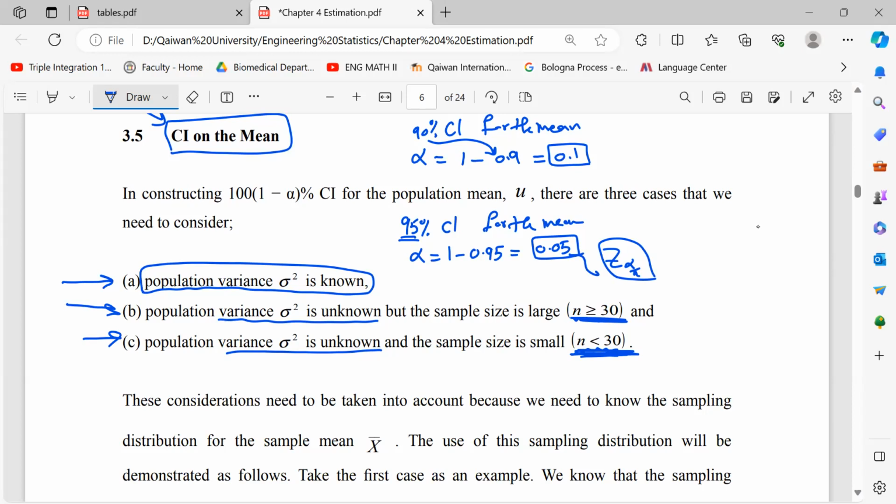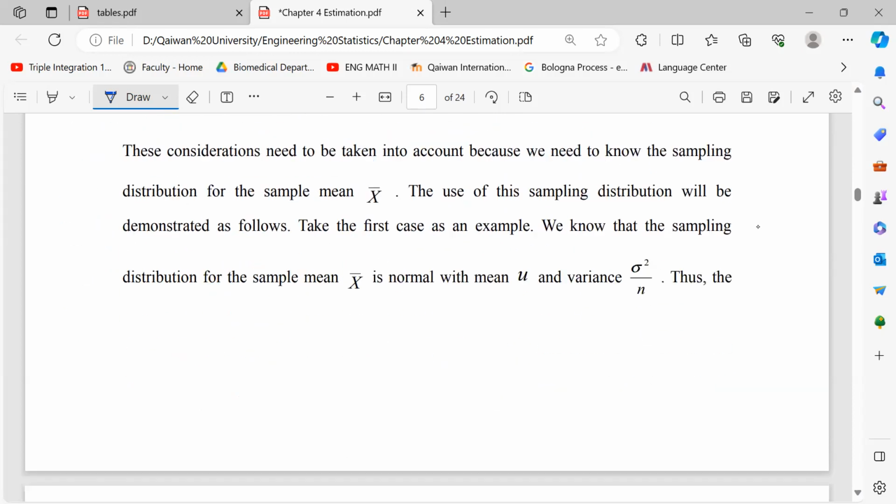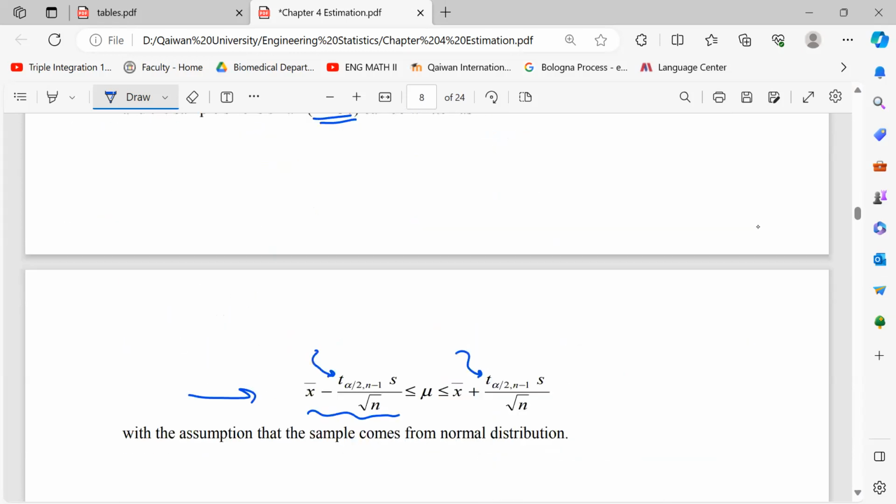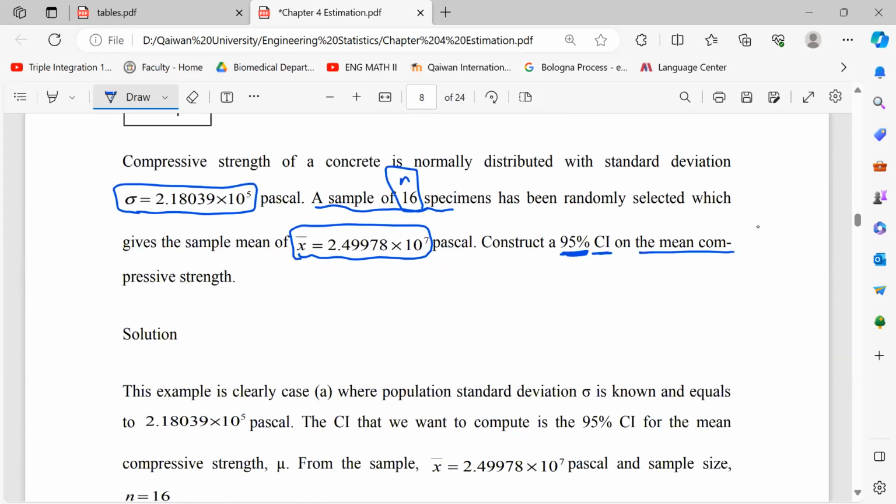We have these three cases in this topic. As in the example, it says confidence interval on the mean compressive strength. That means it's the first topic, confidence interval of the mean. In that topic, we have three cases.